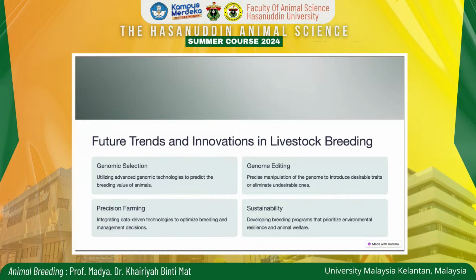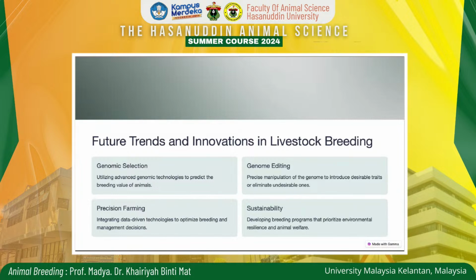Okay, future trends and innovation in livestock breeding, including genomic selection, as I mentioned earlier, and gene editing. Now, recently, everybody talks about precision farming. Basically, it's integrating data-driven technologies to optimize breeding and management decisions. And of course, on top of everything, sustainability is the most important aspect.